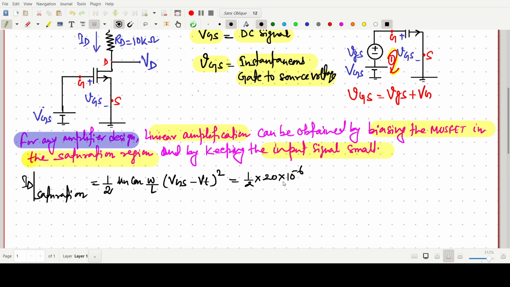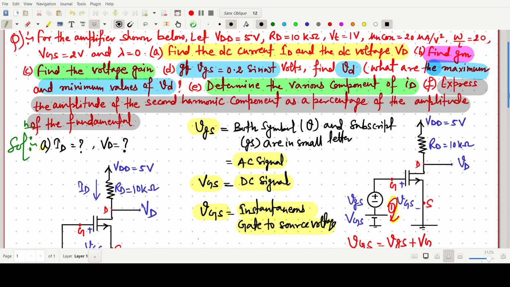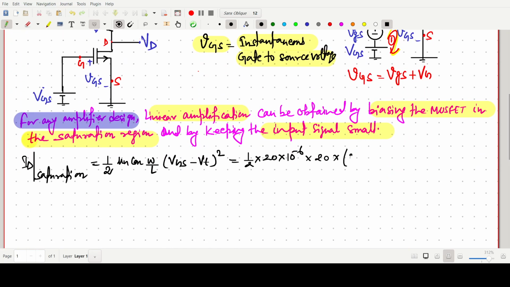So I am writing 20 into 10 to the minus 6, W by L is also given as 20, VGS is given as 2 volt and VT is 1 volt. So we write (2 minus 1) whole square.